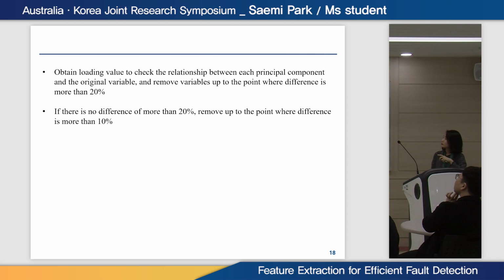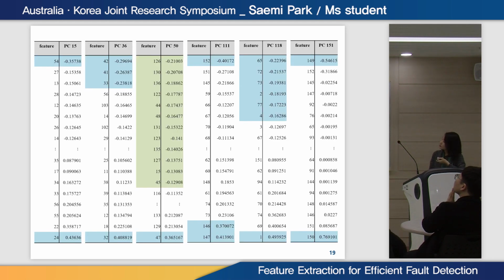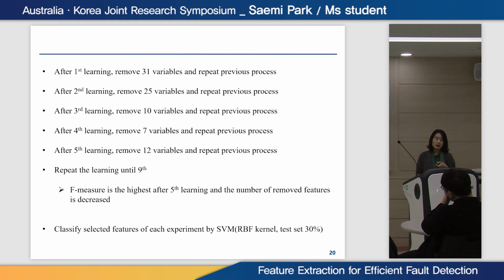If there is no difference of more than 20%, I remove up to the point where the difference is more than 10%. So you can see the original features and the principal components, and the loading values of the 6 principal components. After this first run, I removed 31 variables and repeated the previous process.